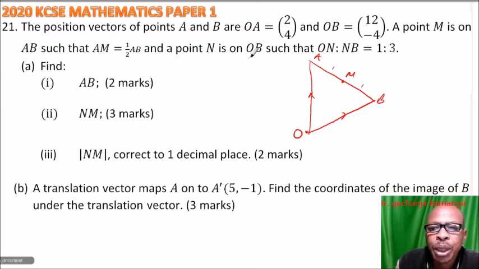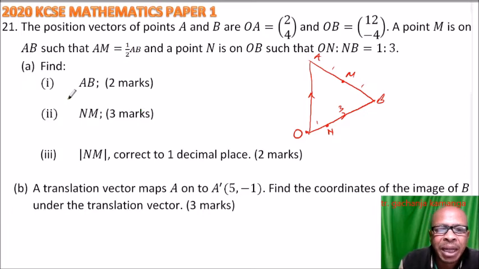Then we are told N is a point on OB such that ON to NB is 1 to 3. So we can say OB has been divided into 4 parts. So this is 1 and this is 3, and that is where we have the N. Now we have the information that we need to answer our question.